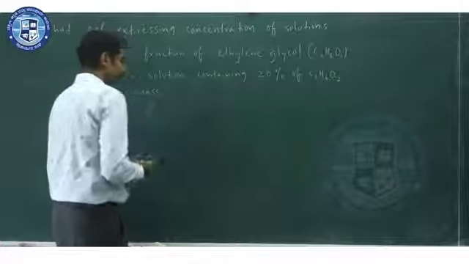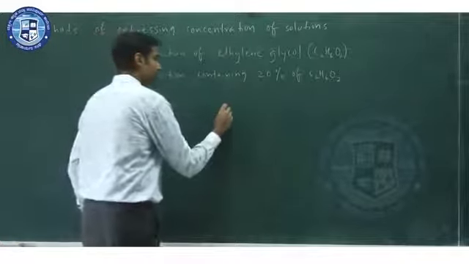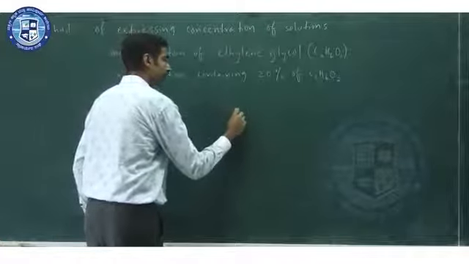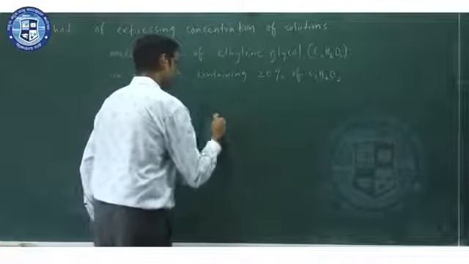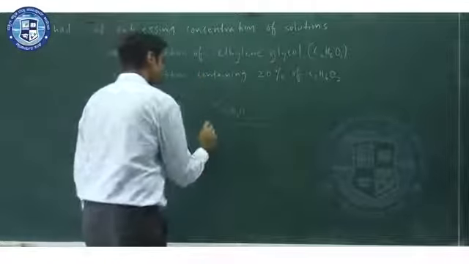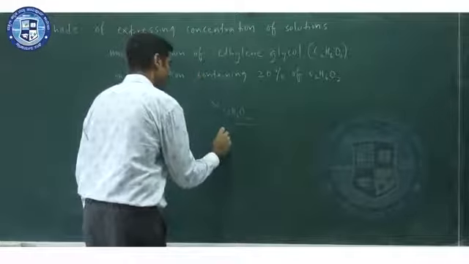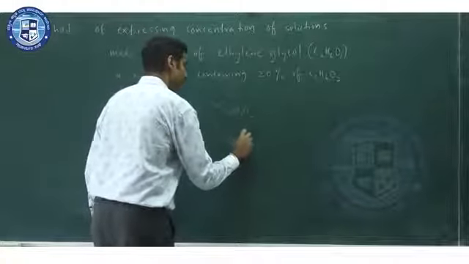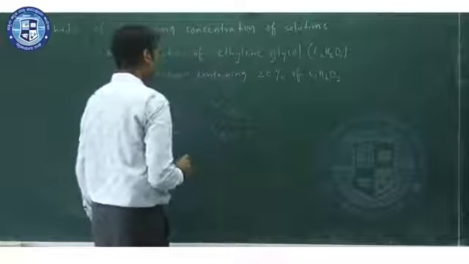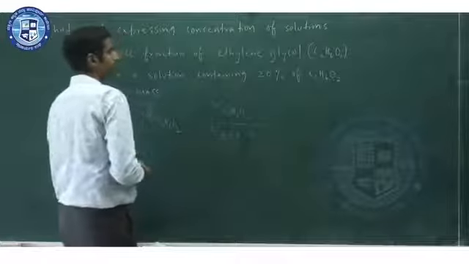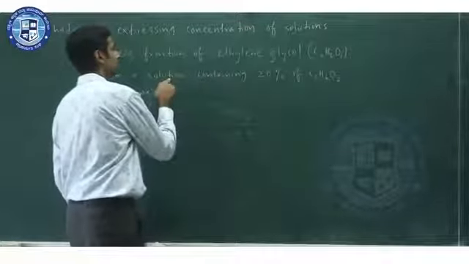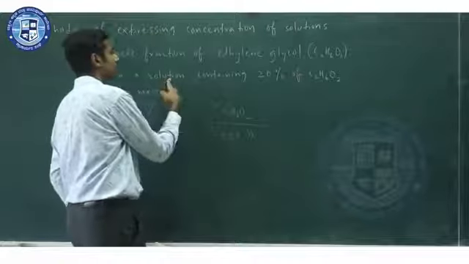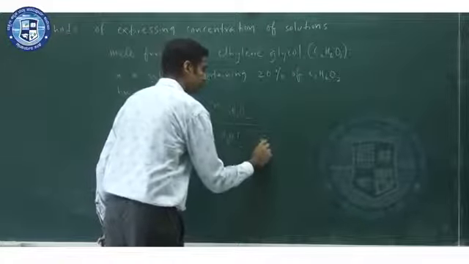It can be given as the number of moles of ethylene glycol divided by total number of moles: the number of moles of ethylene glycol plus the number of moles of the other component. So ethylene glycol solution, they have not mentioned the solvent, it will be water.